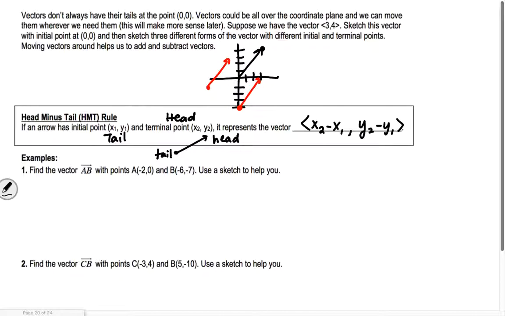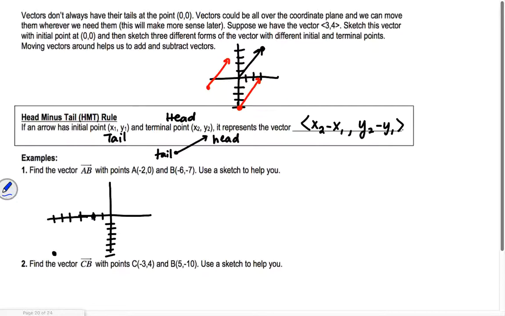Okay, so it says find the vector a comma b with points -2, 0 and -6, -7. Clearly mine's drawn to scale. Oh, whoops, I drew mine the wrong way.